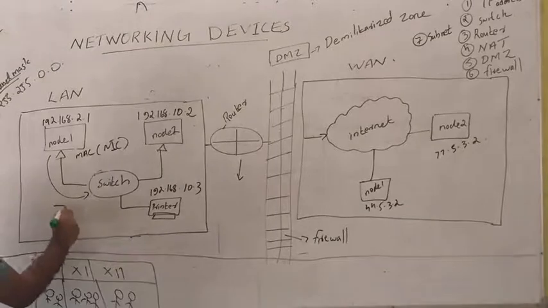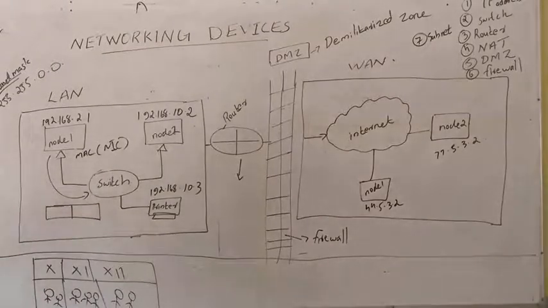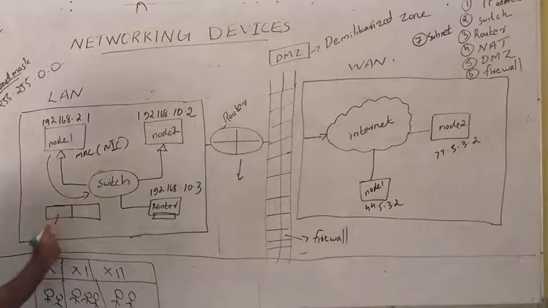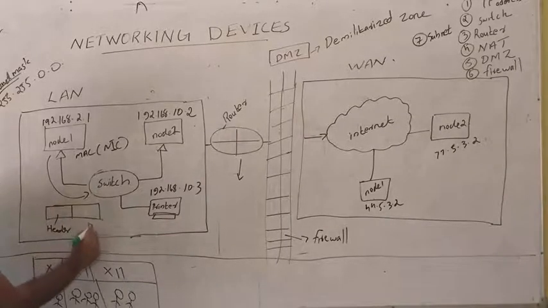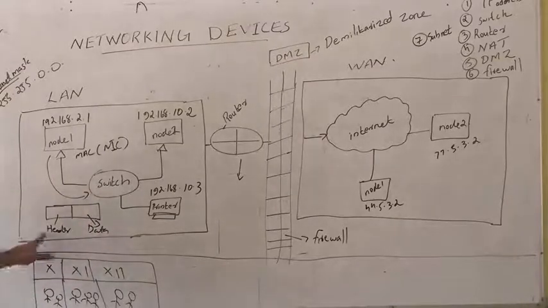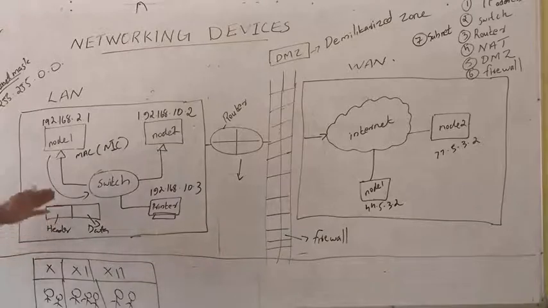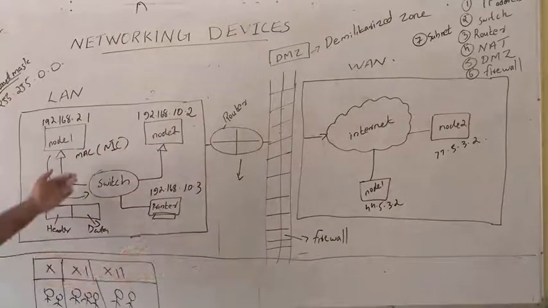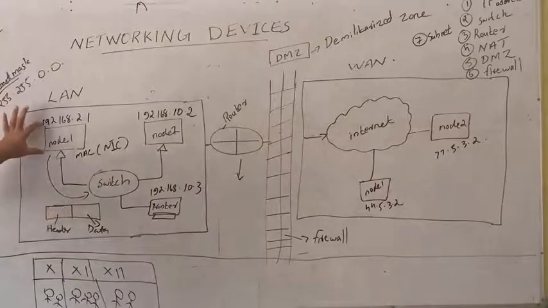Normally a message contains two sections. One is called the header part, and another is called the data part. This header part contains the source address and the destination address. The source address is the MAC address of this computer, and the destination is the address of this computer.